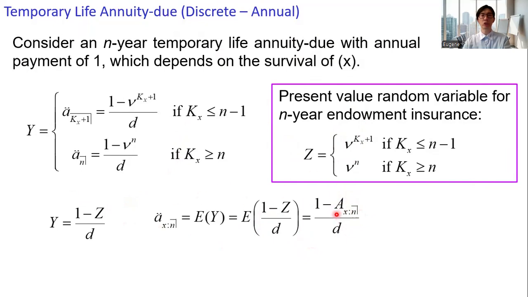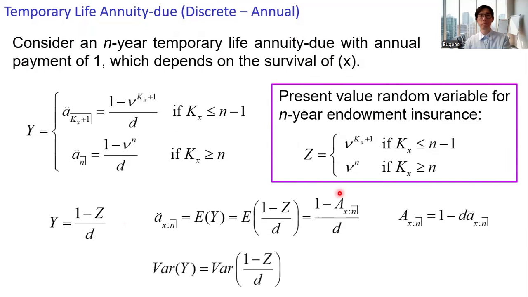And here we have the relationship between the temporary life annuity due and n-year endowment insurance. And then for the variance of Y, this equals 1 over d squared times the variance of Z, and we get this expression.